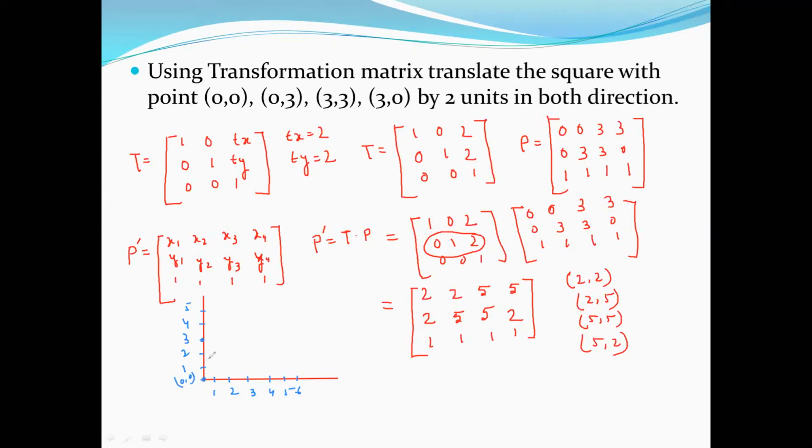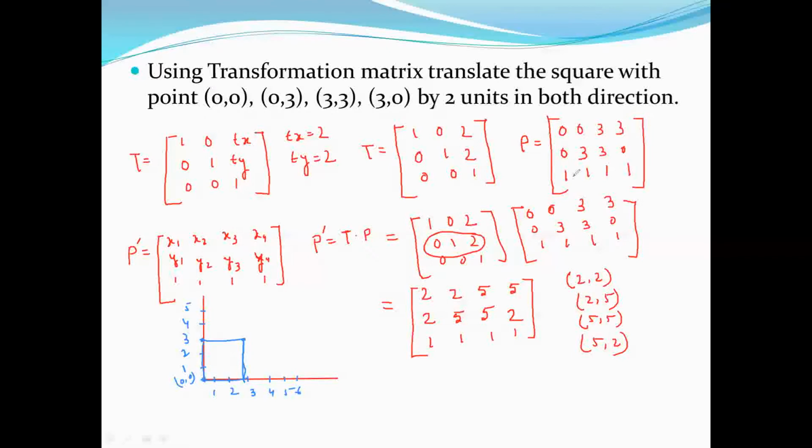Next one is 3, 3, which is somewhere here, and 3, 0. So before translation, the square is like this one. So this is our square.